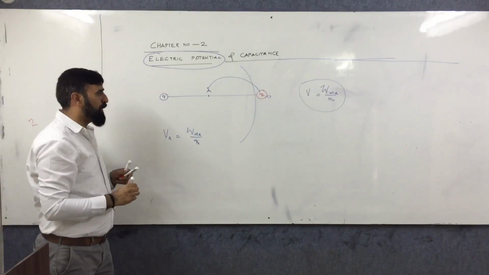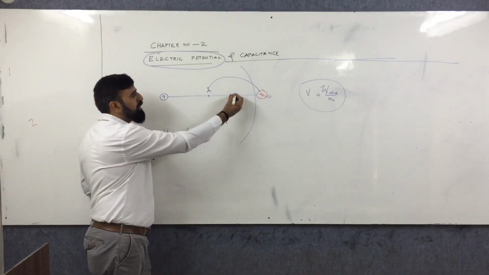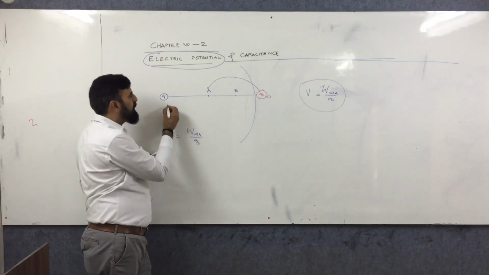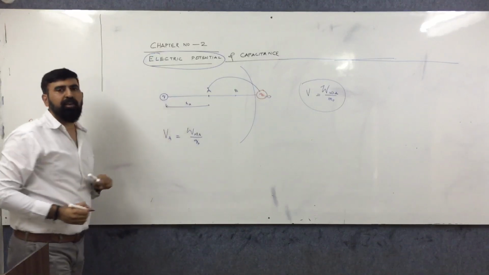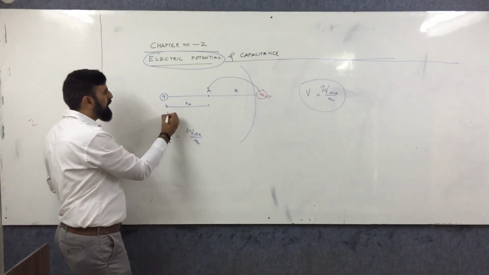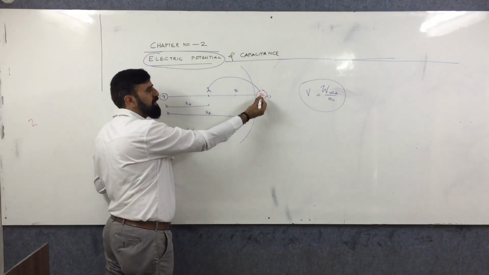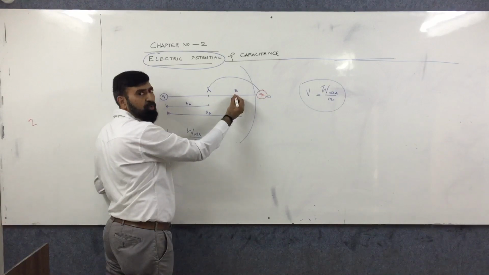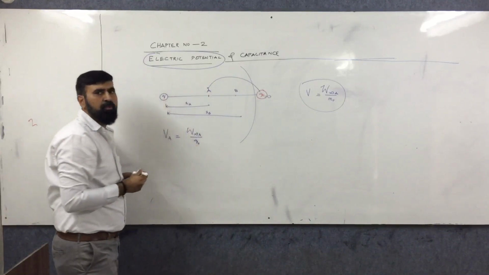Similar to gravitational potential. Now let's say I choose a point A and a point B. The distance of point A from the charge is RA, from B it is RB. So if I have to shift a test charge, which is a positive charge, to B, I will have to do less work. But if I have to shift this charge Q0 from infinity to A, I have to do more work.